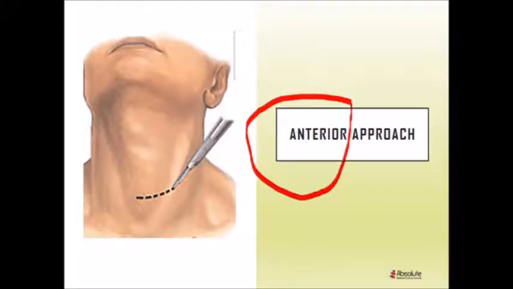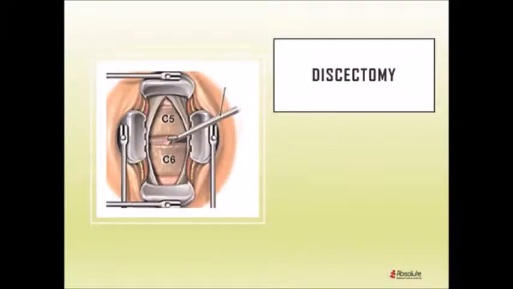Next, after they make the incision, they reach their destination and are able to observe the disc between C5 and C6, and they begin to perform the discectomy. As you can see, the skin is pulled back by the use of retractors.